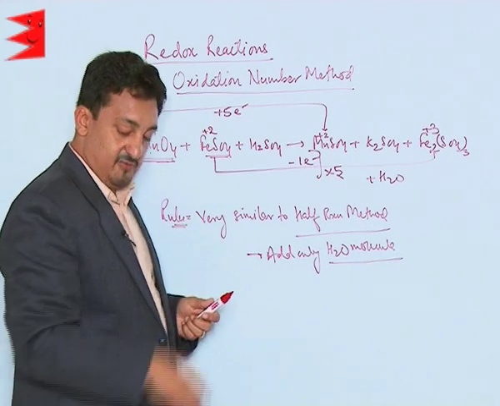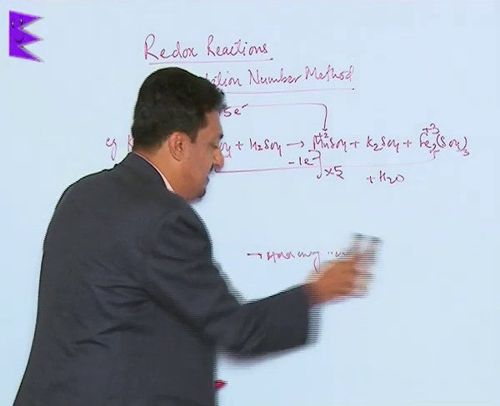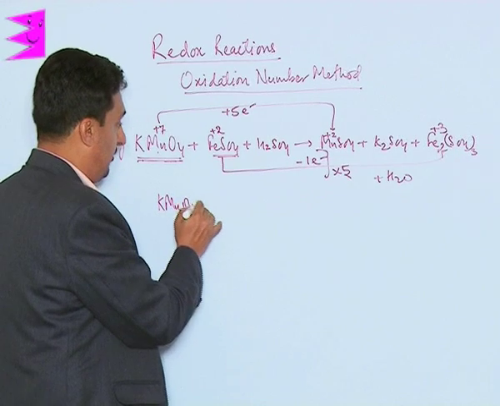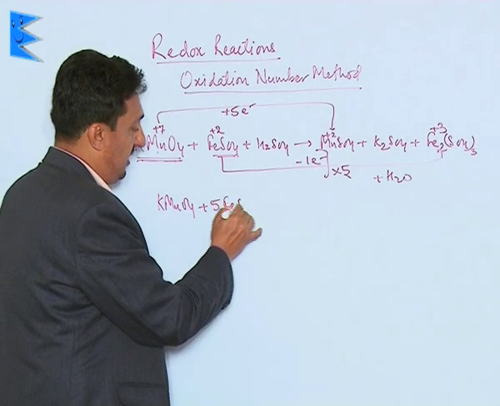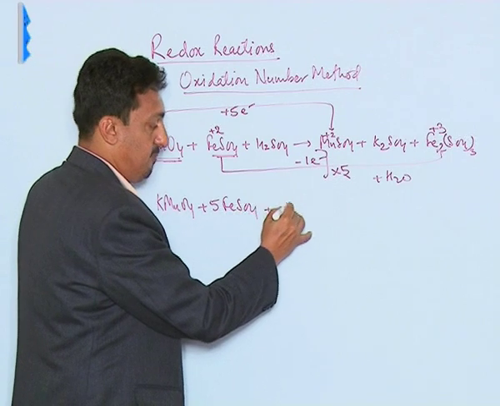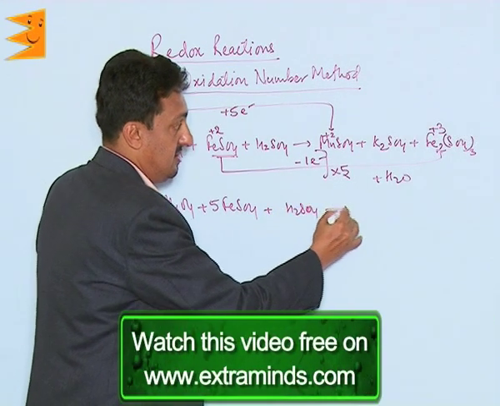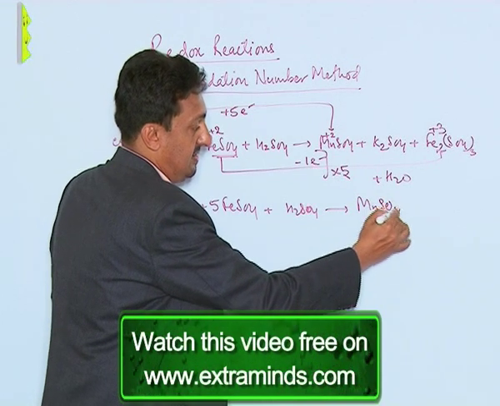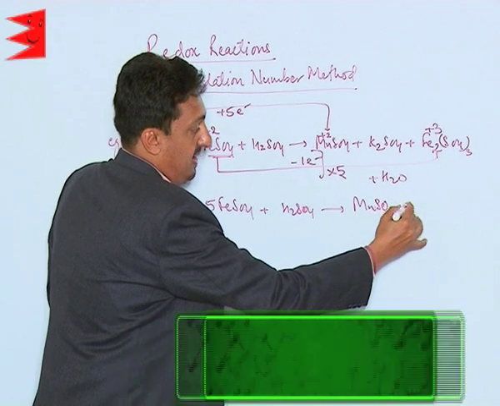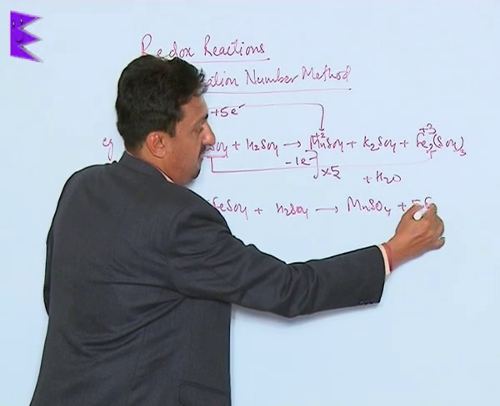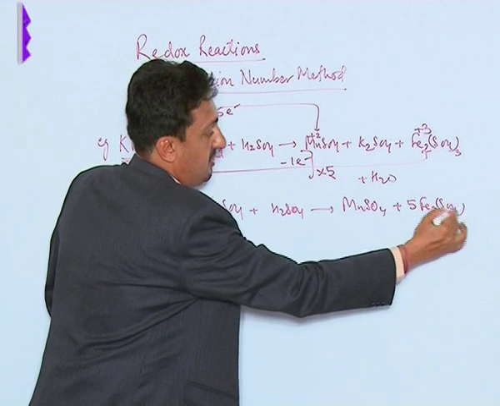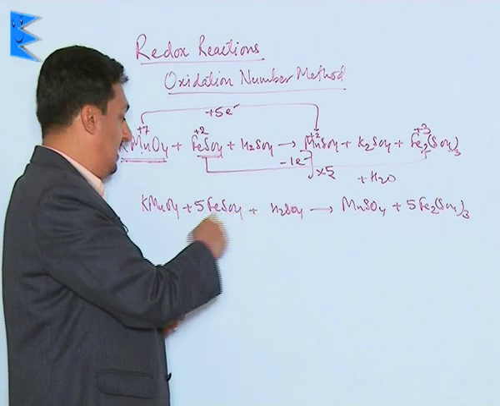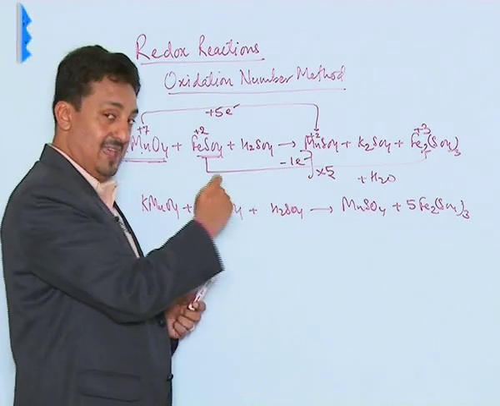When we rewrite the reaction, it is KMnO4 plus 5 FeSO4 plus H2SO4, giving MnSO4, which we write as such because we haven't multiplied this side by anything, plus 5 Fe2(SO4)3. Water will be added accordingly at the end.